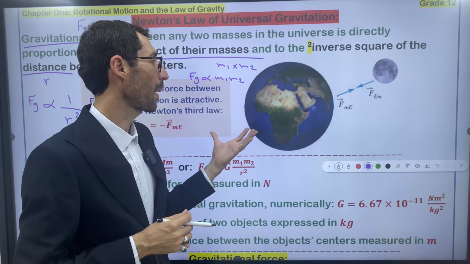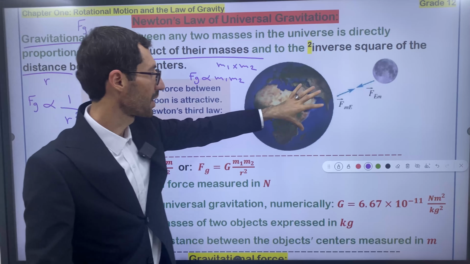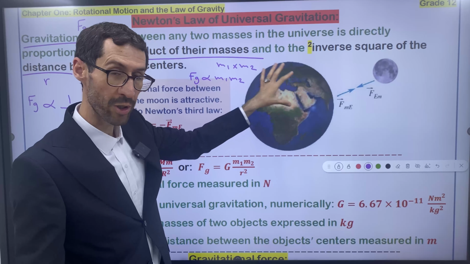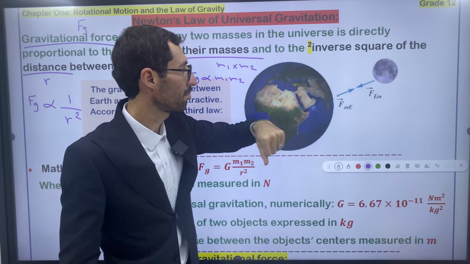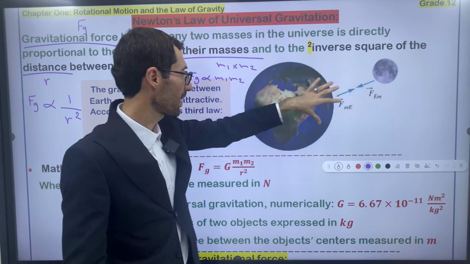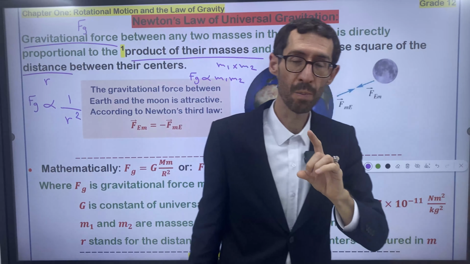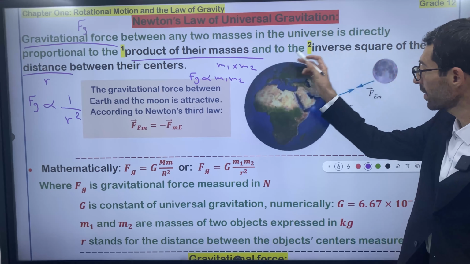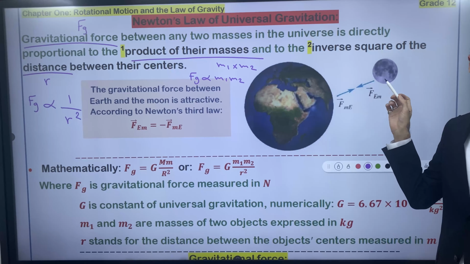So for any two objects, there's this force. We have an example here. There's Earth, our globe, and this one is the Moon, right? This is our planet. Our planet has only one moon, and we can say it's Luna.